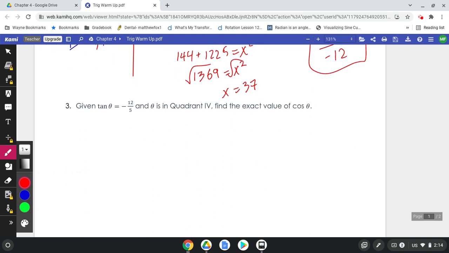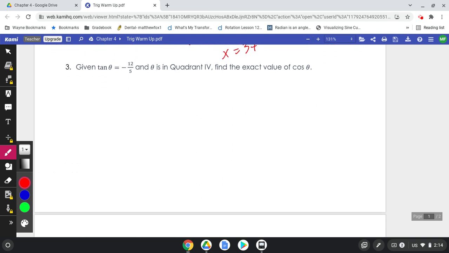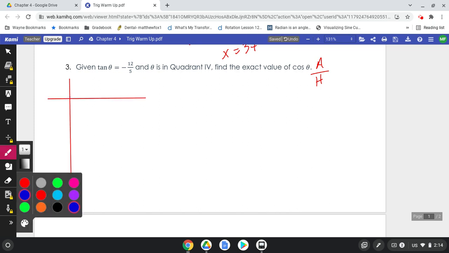So this next one here, given that tangent theta equals -12 over 5 and theta is in quadrant 4, find the exact value of cosine. Okay, so once again, we know cosine is A over H, CAH, and if we have quadrant 4, that's down to the right, so we know it's going to be somewhere to the right. We don't know exactly what it's going to look like yet, but we know it's somewhere over here.